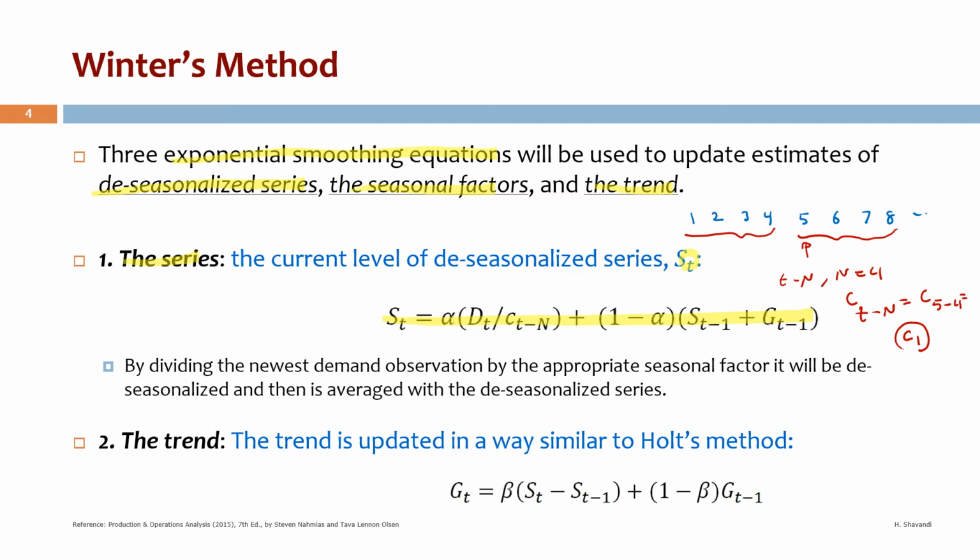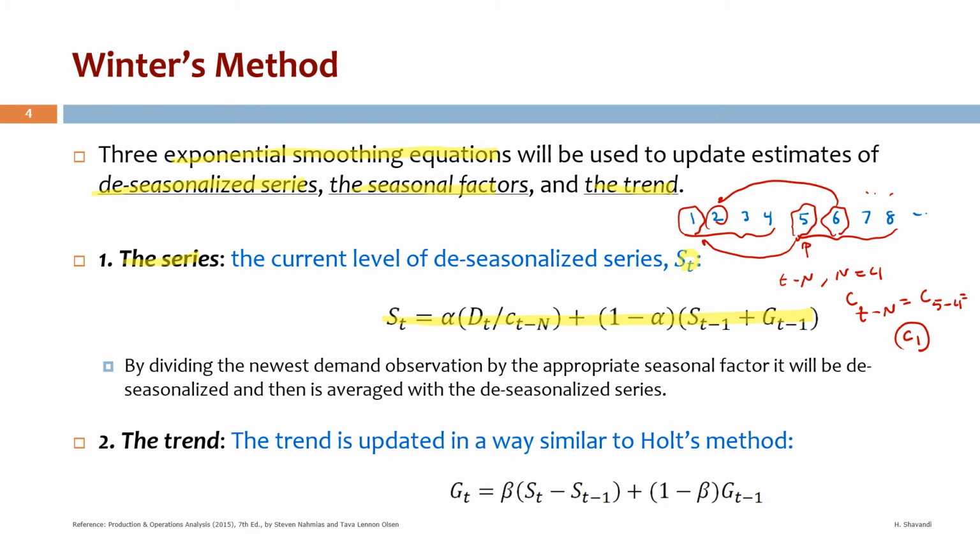This means that period number 5 will be like period number 1 of the season, and then 6 like 2, and so on, right?